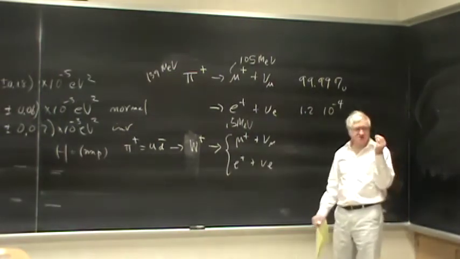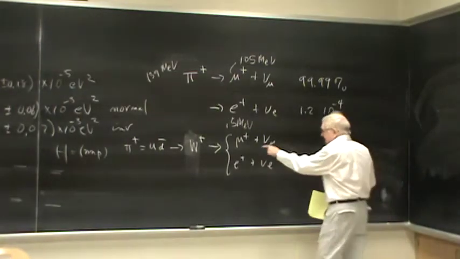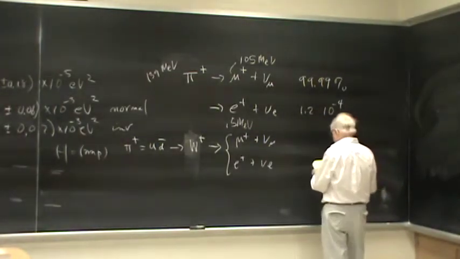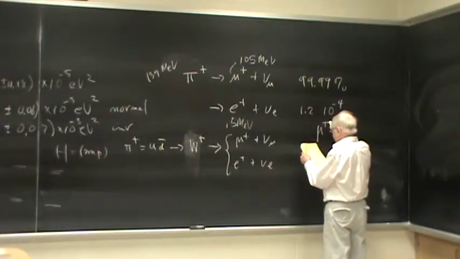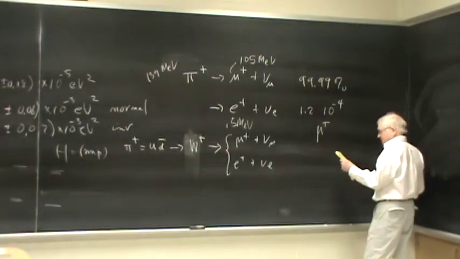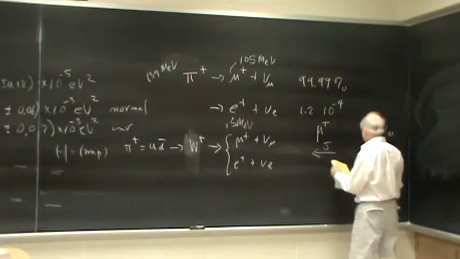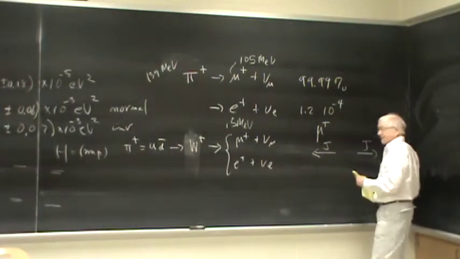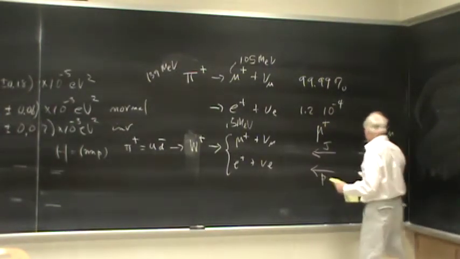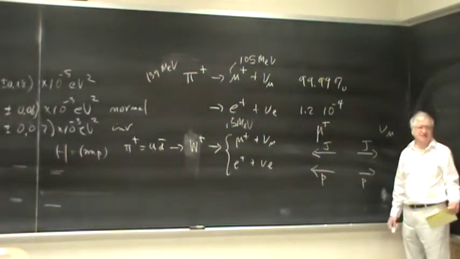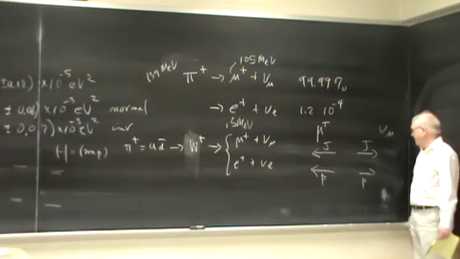Well, it's actually very easy to understand. First of all, the pion has zero angular momentum. And so when these guys decay, what we can have is this. We can have mu plus, and then nu mu. Well, in the final state, we can have J like this, and J like that, and we've got to have P like this, and P like this, because if we're in the rest frame of the pion, momentum zero, angular momentum zero.